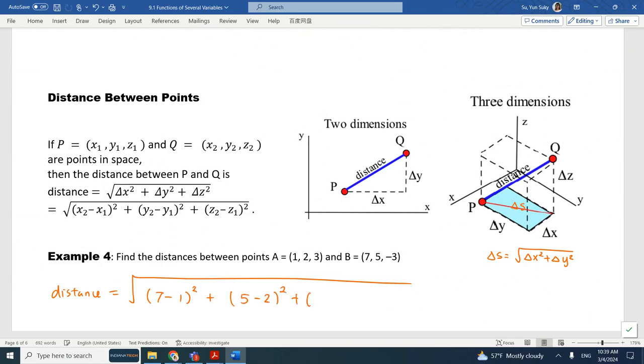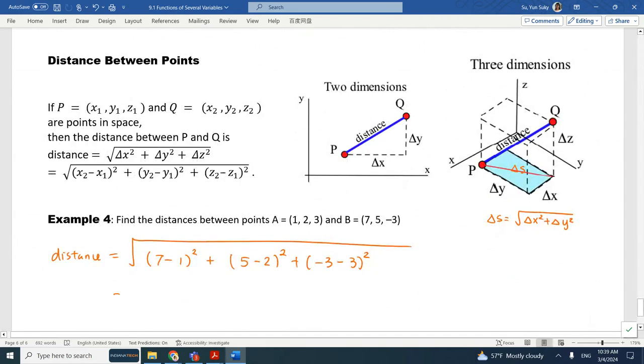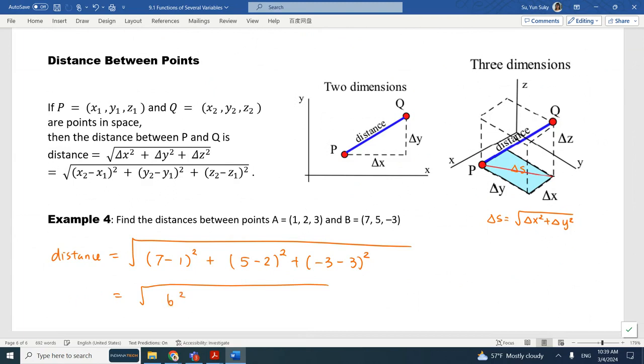How about change of z? Exactly. Good. Okay, what is 7 minus 1? 6. So 6 squared. 5 minus 2? 3 squared. And negative 3 minus 3? Negative 6.